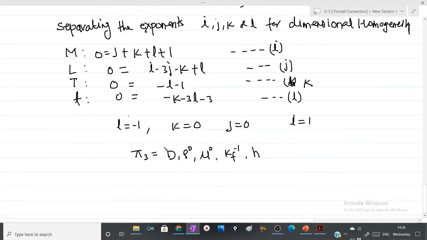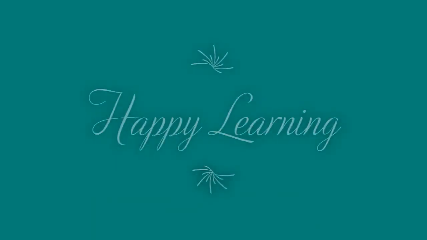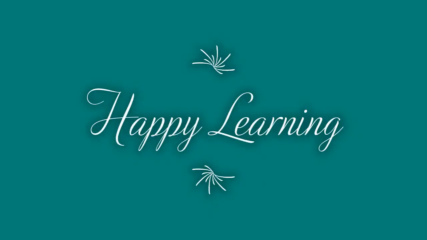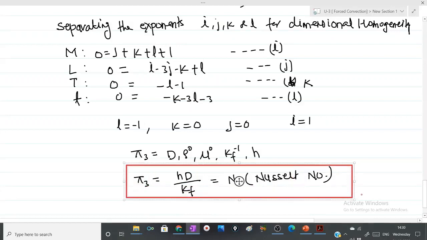So this comes out as h d over kf, and it is nothing but Nusselt number. Pi 3 term is nothing but Nusselt number.